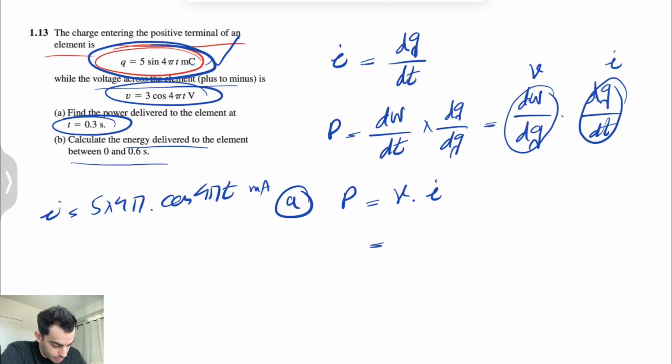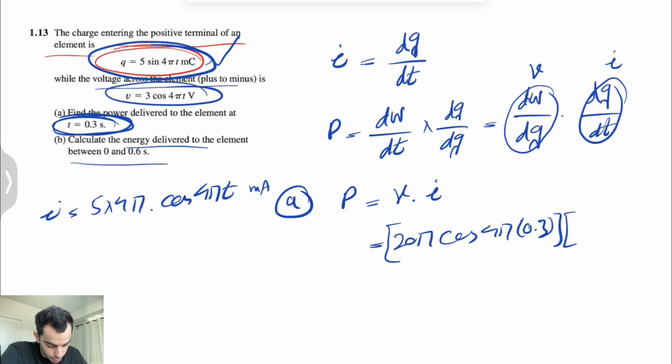So we're going to have, for our current, 20 pi cosine of 4 pi, and the time that we have in here would be 0.3 seconds, so we're just going to put 0.3 in here. And our voltage would be 3 cosine of 4 pi, again at 0.3 seconds.